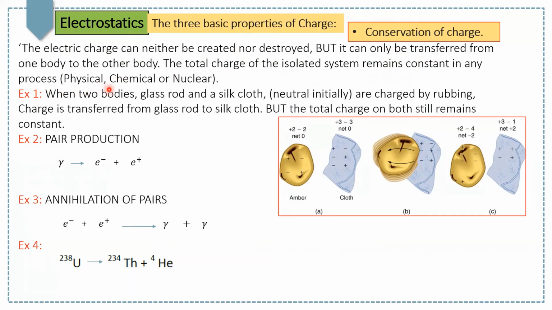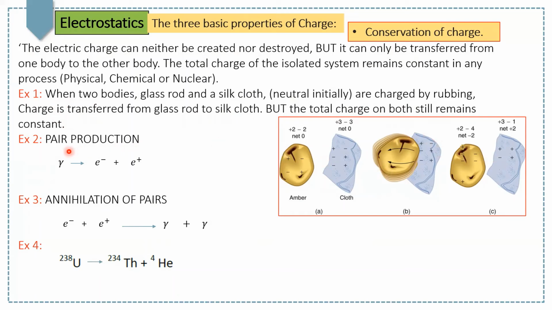That process could be physical, chemical, or nuclear. As we have already discussed, in the case of two bodies, a glass rod and a silk, both were neutral initially, but when we rub them together, charge is transferred from the glass rod to the silk. But at the end, the total charge on both still remains constant.